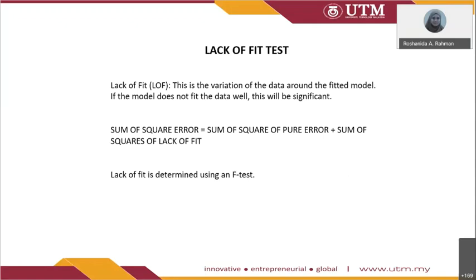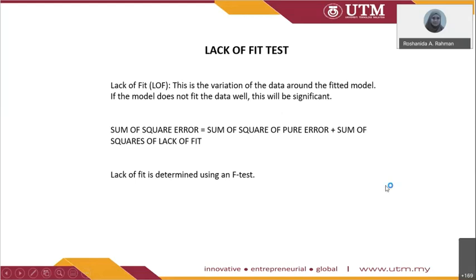This is one of the terms you can find in your ANOVA after you finish your experiment and your analysis. Lack of fit involves some calculation. Of course, you don't want to do it by yourself, so the software will calculate it for you, and the value will come out as a p-value.